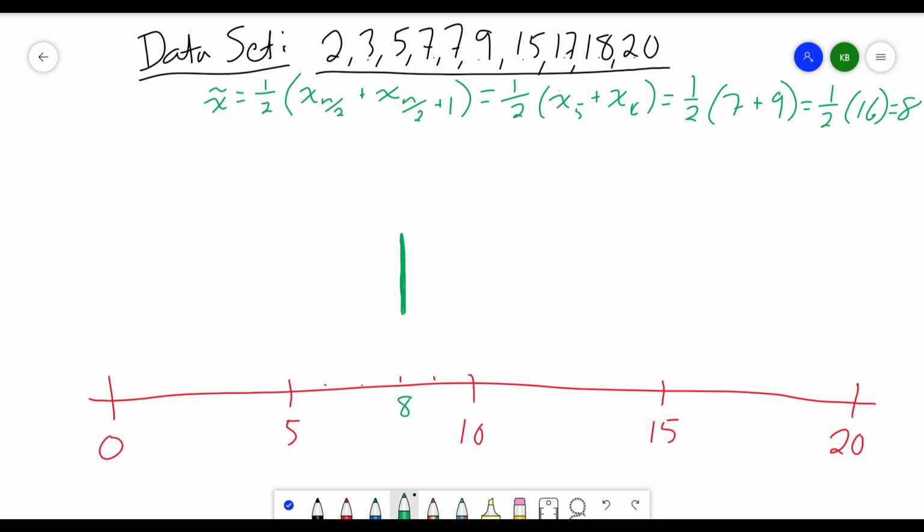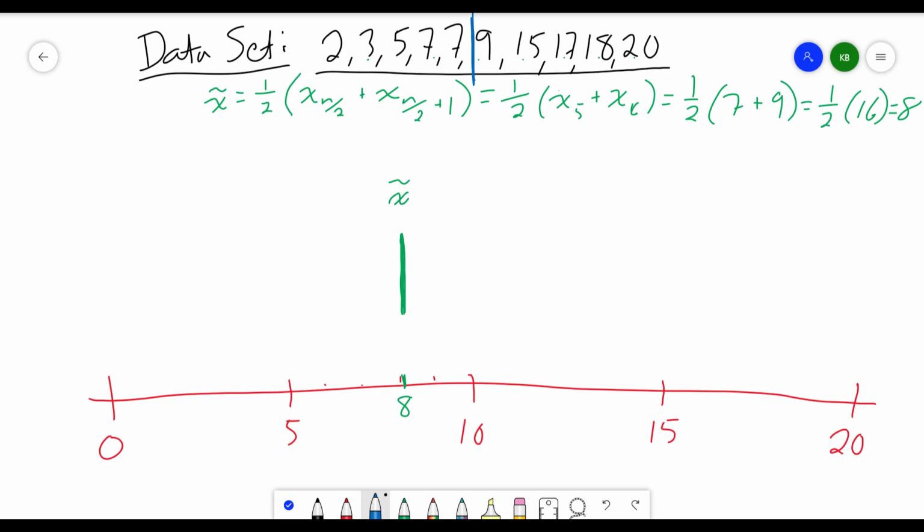I'm a big fan of making sure that it's very clear that that line is in fact at 8, and you can even label it as your median. Once you have your median, I've cut my data into 2 parts now.